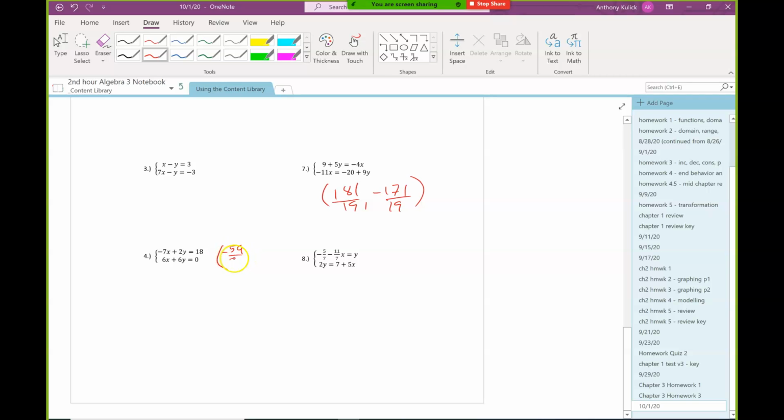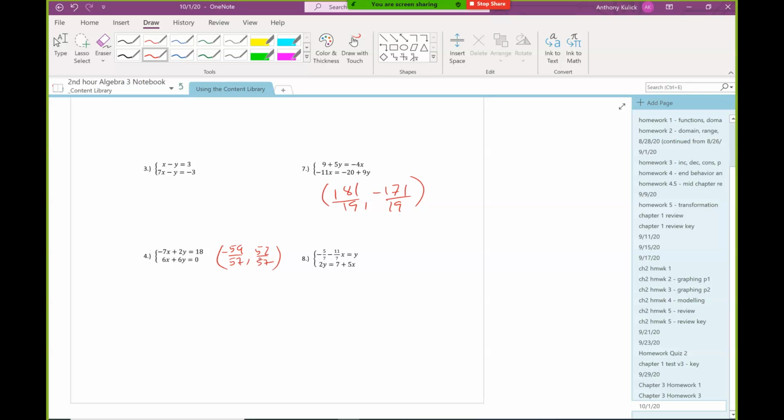So 59 over 57, comma, 52 over 57. We'll do 8 still, but I figured I would let you know that the answers are pretty gross on those two ones. So if you're getting a gross answer and you're like, that can't be right, well, maybe it was.